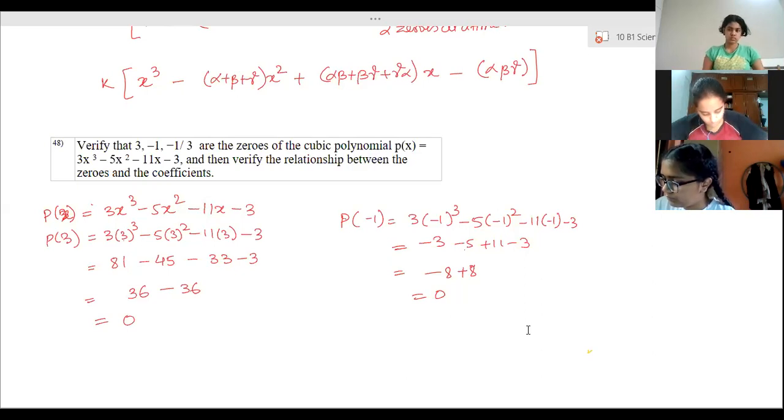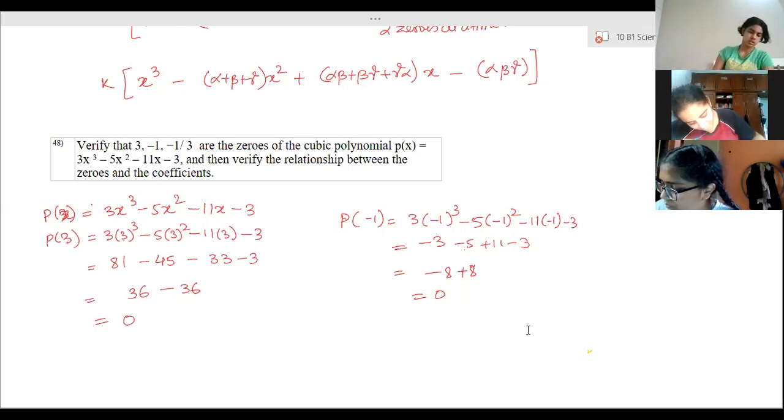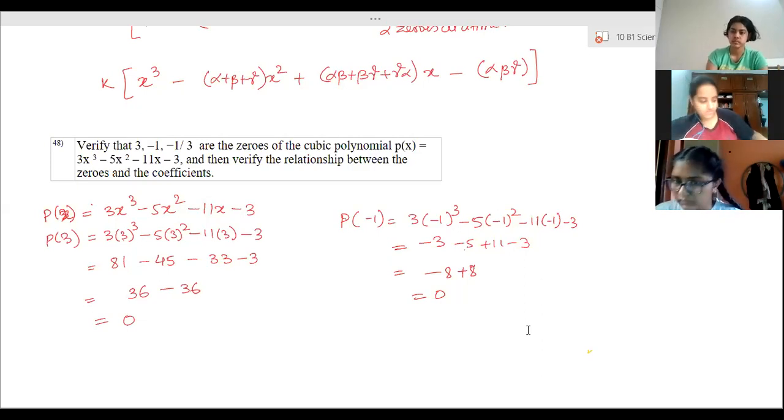No, that won't happen. Whatever values they have given will be zeros. Then why do they ask to verify? Because you can't find them yourself. That's the reason. Okay, fine, you have verified.